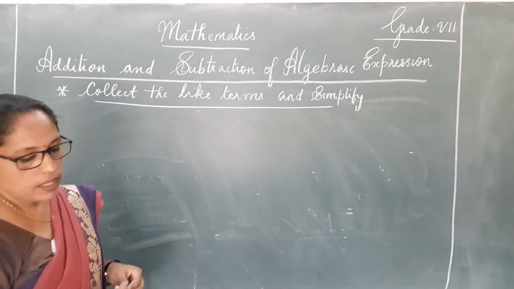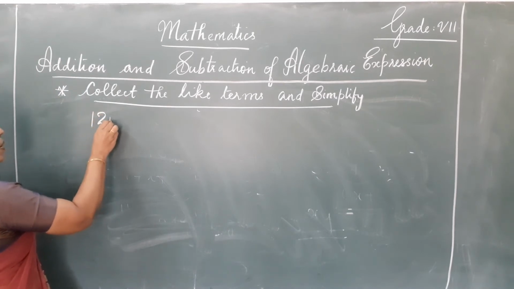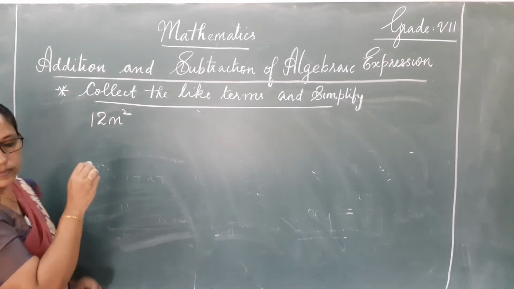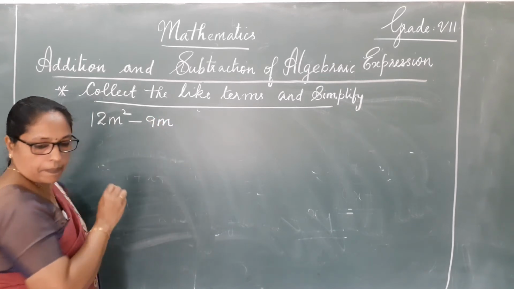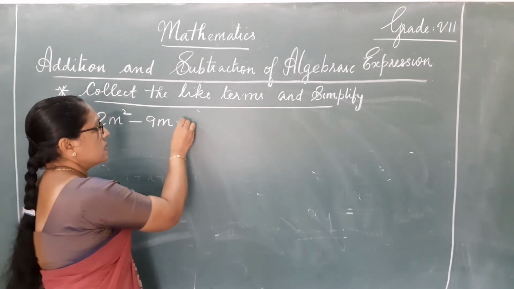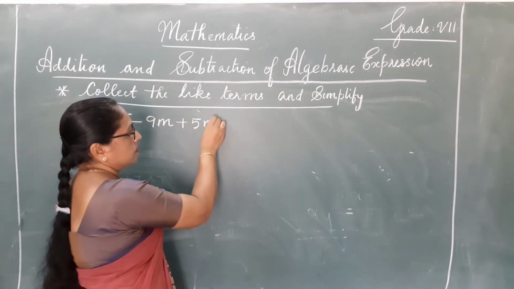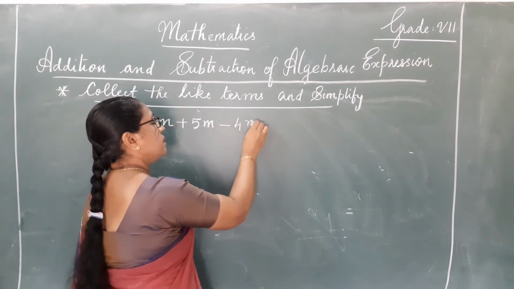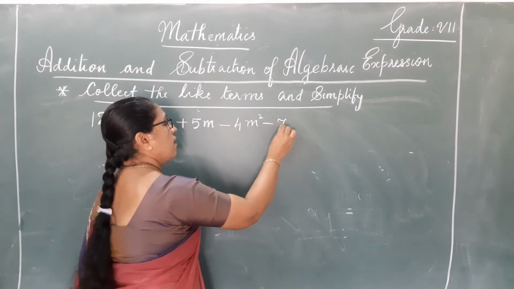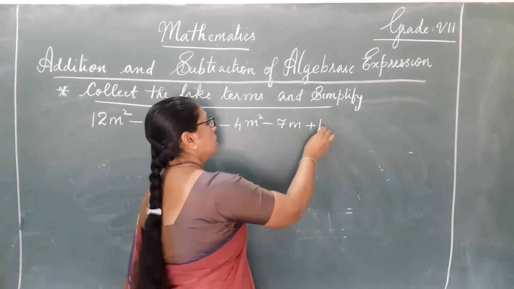Okay, so here the question is 12m square minus 9m plus 5m minus 4m square minus 7m plus 10.